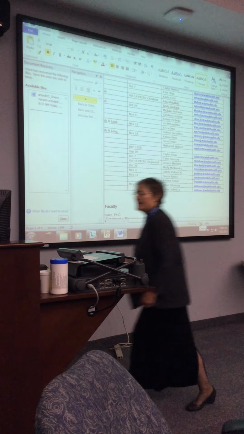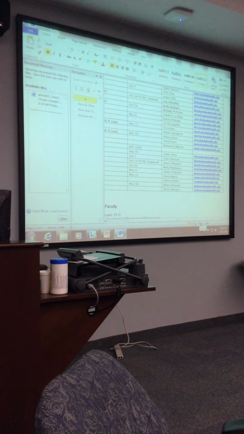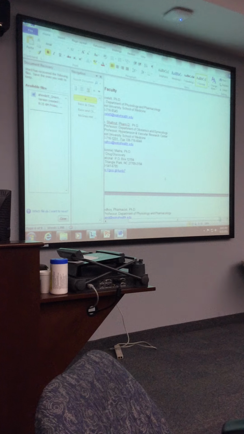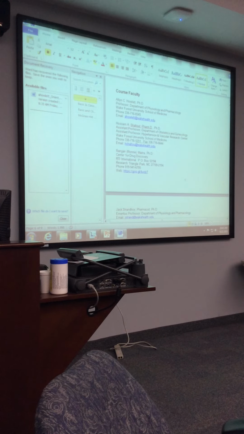So because of that, we've got some additional people that are going to be working with your groups, so that if you do need to contact anyone at all, you've got their email addresses, and you've also got a little bit about their credentials, what departments they're in and where they're from.